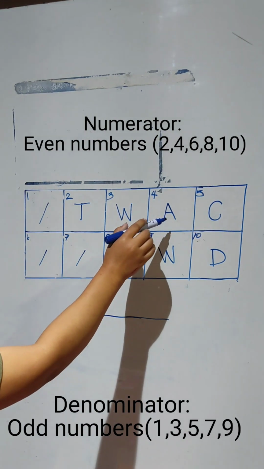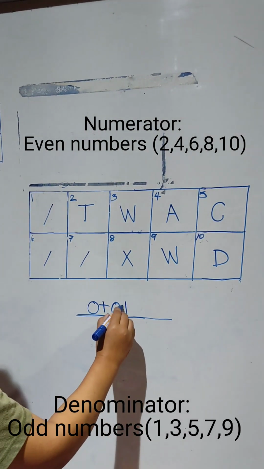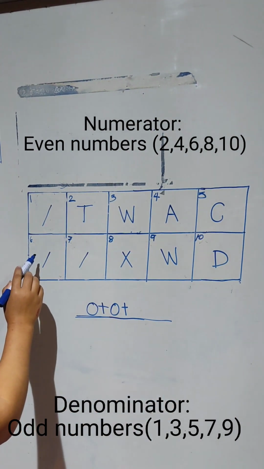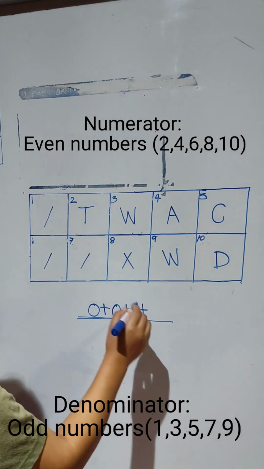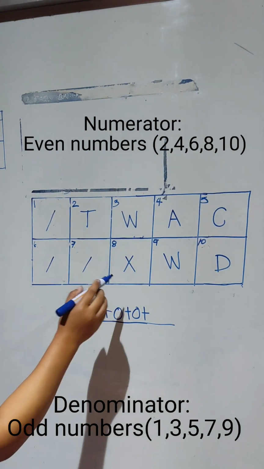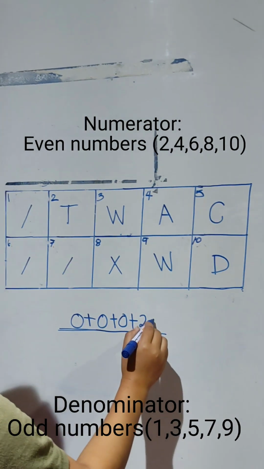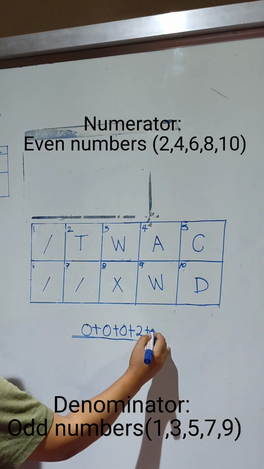This one is a plain arch, so 0 again, plus this one is an ulnar loop, so 0 again, plus this is an accidental whirl, so it has a value of 2. This is a double loop whirl and it has a value of 1.